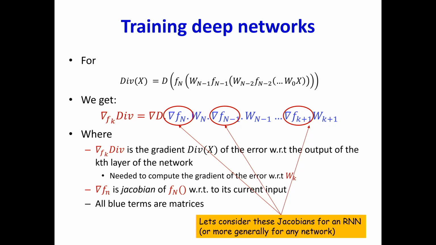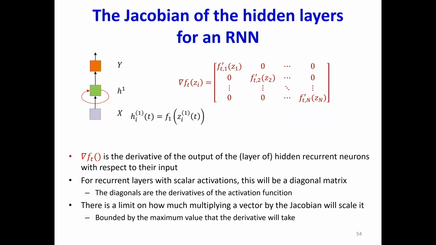And each diagonal element is going to be the derivative of a single sigmoid. What is the largest value of the derivative of a sigmoid? 1/4, right? If I use a tanh activation, what is the largest value of the derivative of a tanh? 1. What is the largest value of the derivative of a ReLU? 1, right? So the derivative of this activation function is going to look something like this.